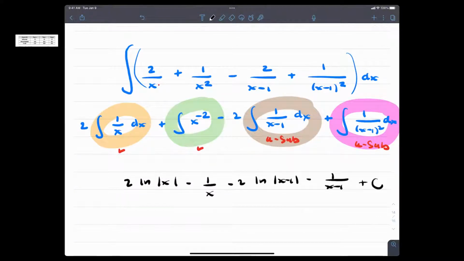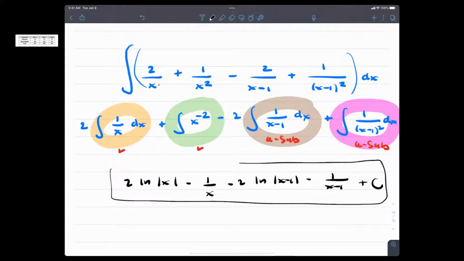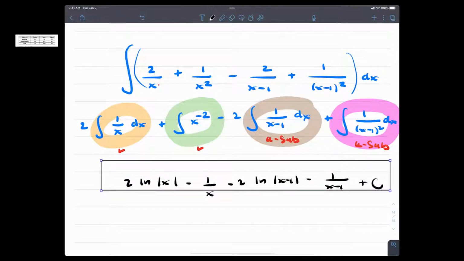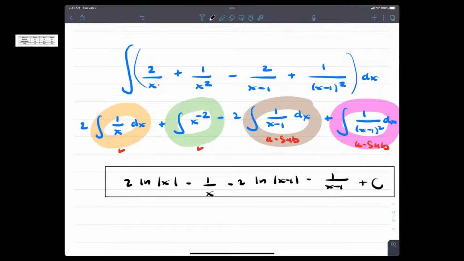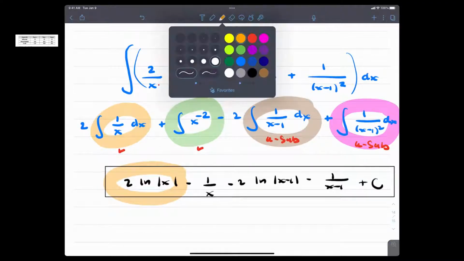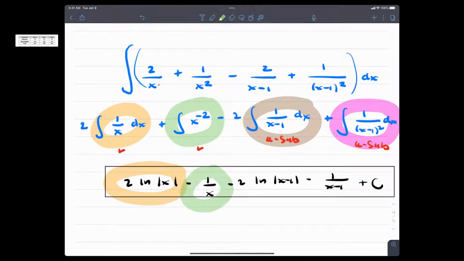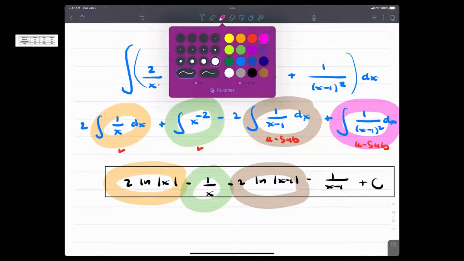Right, there you go. And you know, you could use some properties with the natural logs. You don't have to, but you could. But I just wanted to let people know and to see every integral where it came from. This came from here in orange. This is in green. We got gold, and then we got pink.